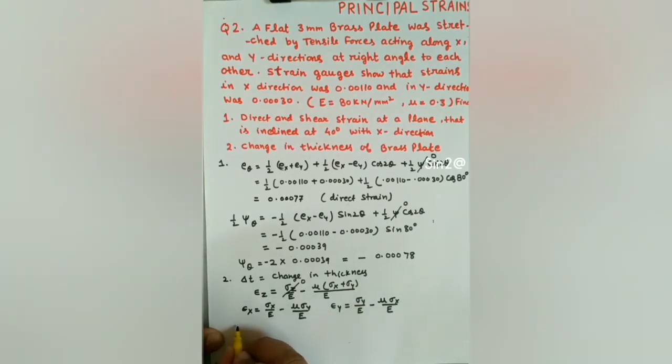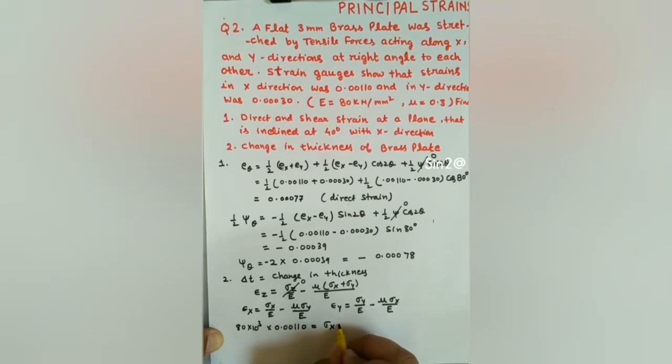So we can write E, which is given 80 into 10 cube, epsilon x 0.00110 is equal to sigma x minus 0.3 sigma y.